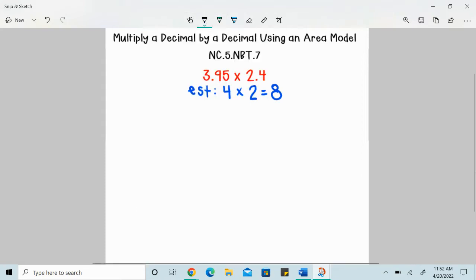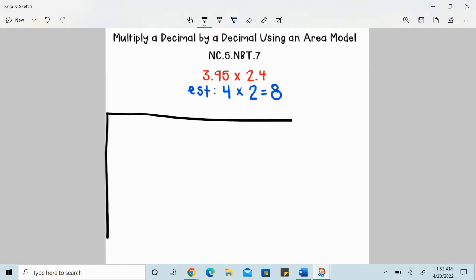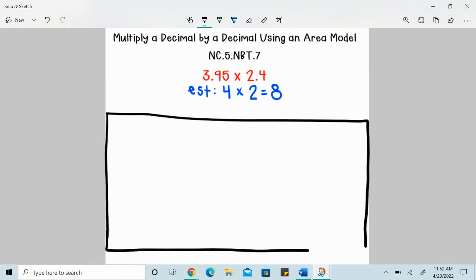So the first thing we want to do is draw our area model. We'll draw a rectangle here. And then we need to decompose both of our factors so that we can multiply. So we're going to look at 3 and 95 hundredths first. It's important to decompose it into its wholes, its tenths, and its hundredths.